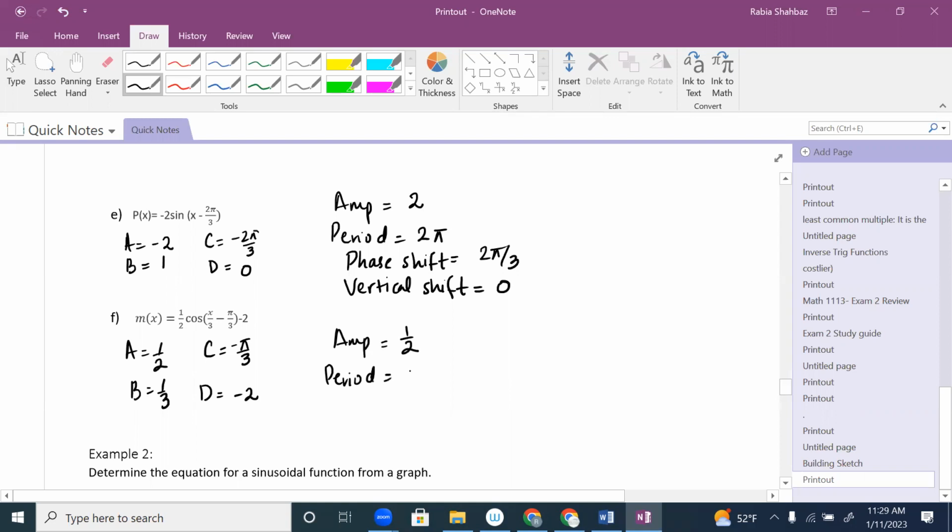Period is 2 pi over 1/3, which is 6 pi. Phase shift is negative times a negative pi over 3 over 1/3, which will just give us pi, and the vertical shift is down 2 or -2. Hopefully this was helpful.